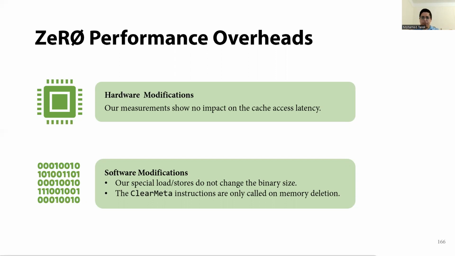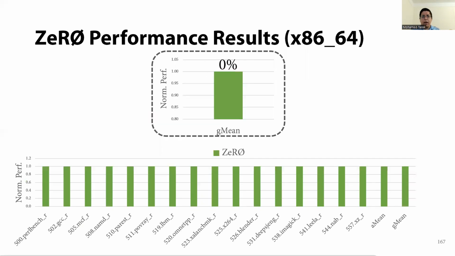For emulating the effect of these clear meta instructions, we use a compiler pass to insert dummy store instructions that write some value to the corresponding upper pointer bits in the cache line. As clear meta instructions are uncommon, the performance overheads of adding ZeRØ to the SPEC 2017 benchmark suite are true to its name, 0% on average, as shown in the top figure.